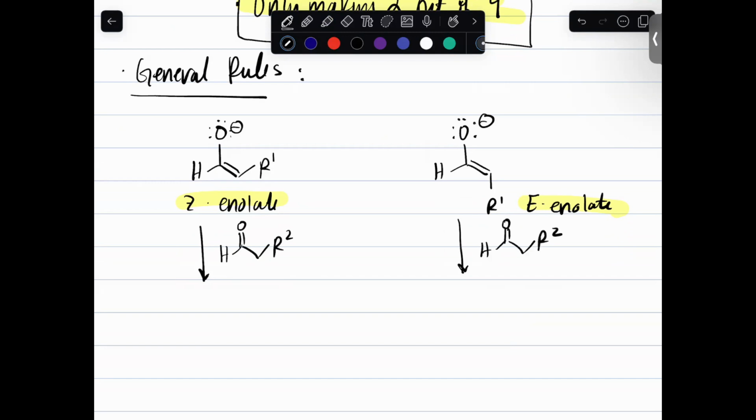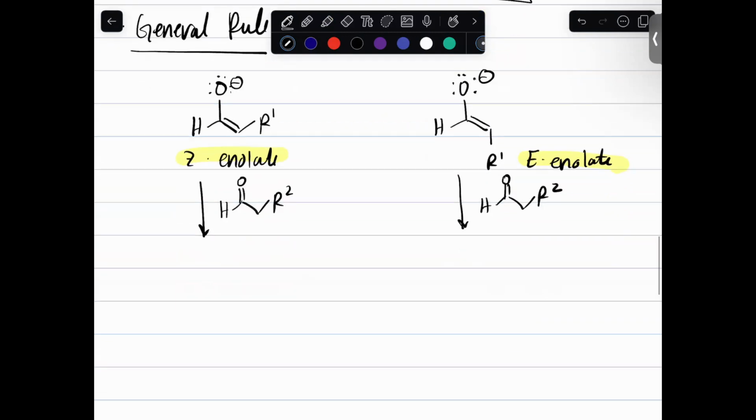Possible reactions. The Z-enolate in the presence of your electrophile will always give you the syn products. And let me draw out both syn products.